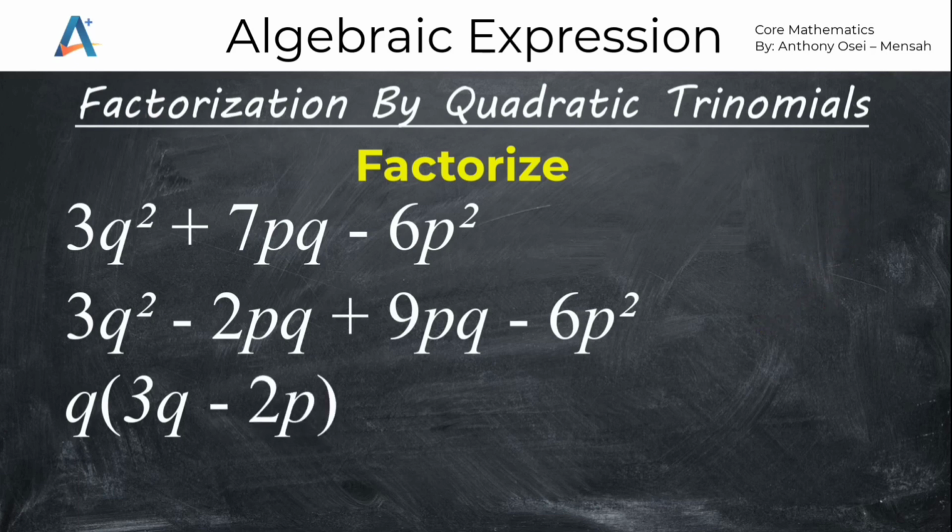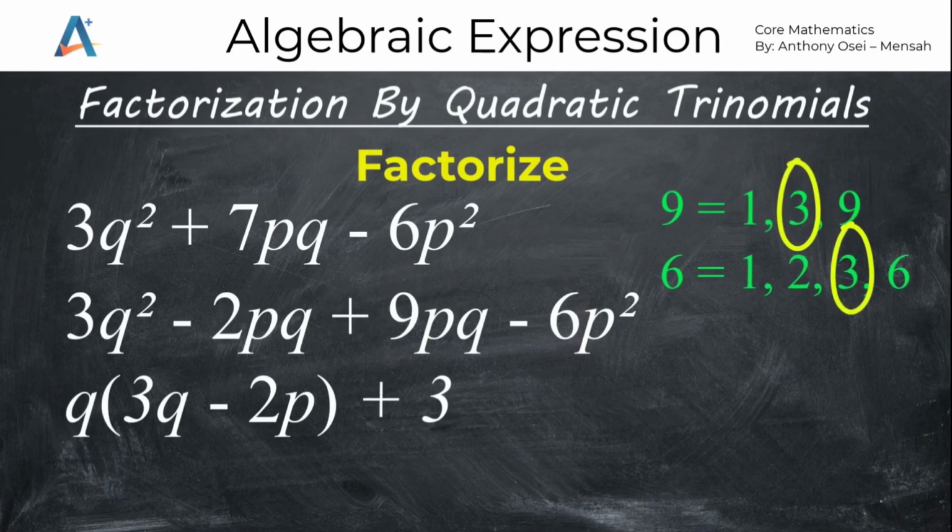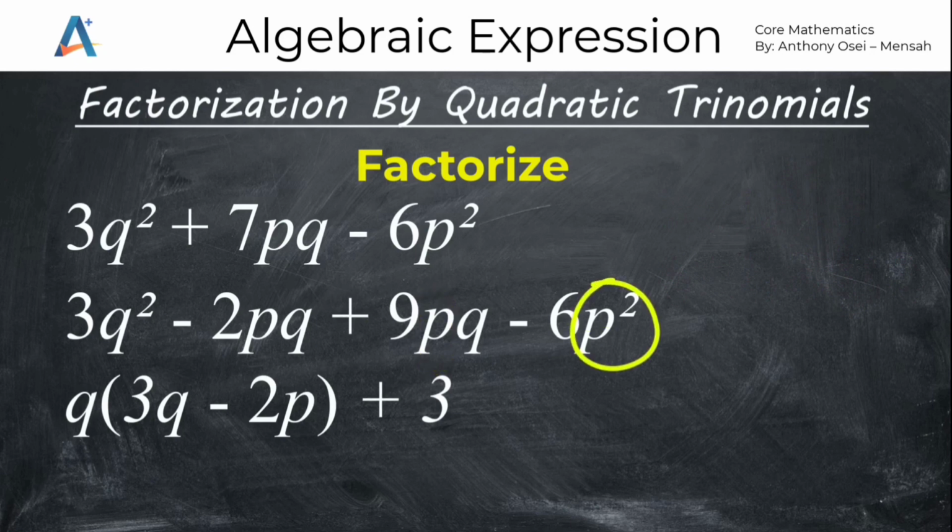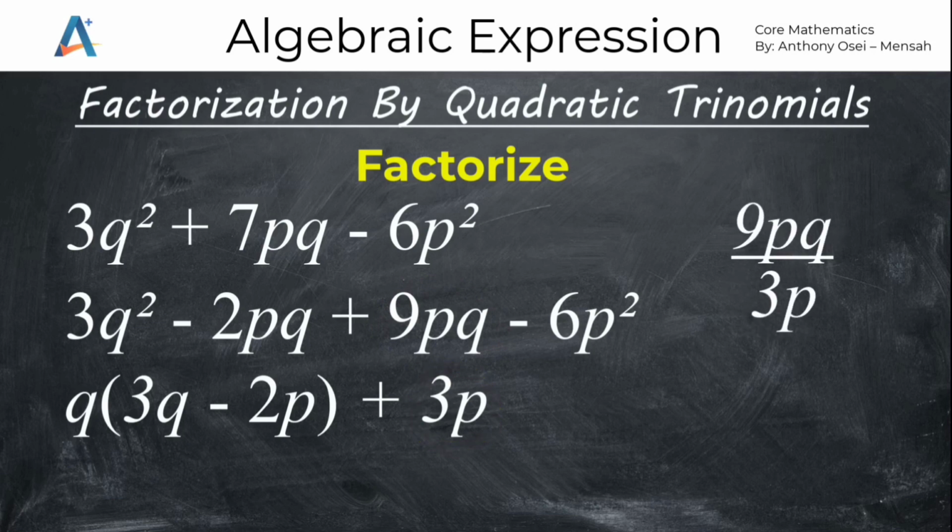Now we go to the next two terms, which also have common factors. 9 and 6 will give us a common factor of positive 3, and for p and p squared, the common factor is p. Open and close the bracket. Let us do the division. Now 3p out. 9pq divided by the common factor 3p: 3 into itself is 1, 3 into 9 is 3, p into itself is 1 and p into p is 1.